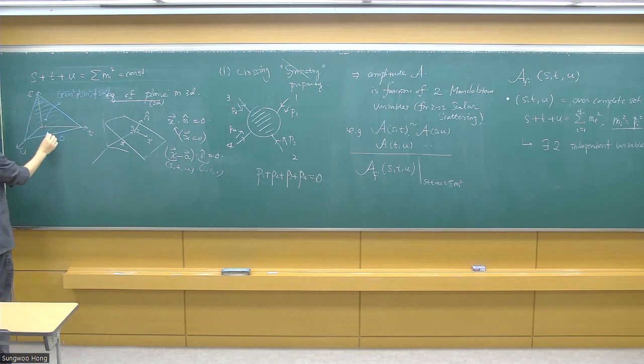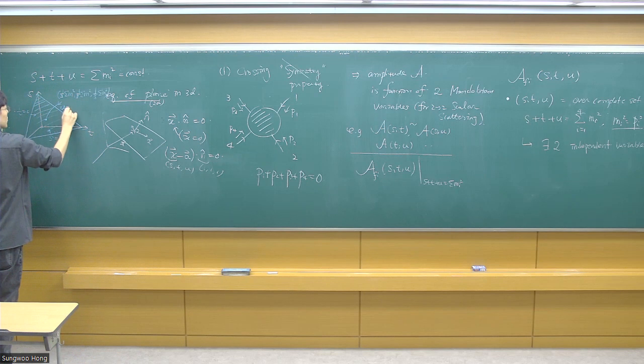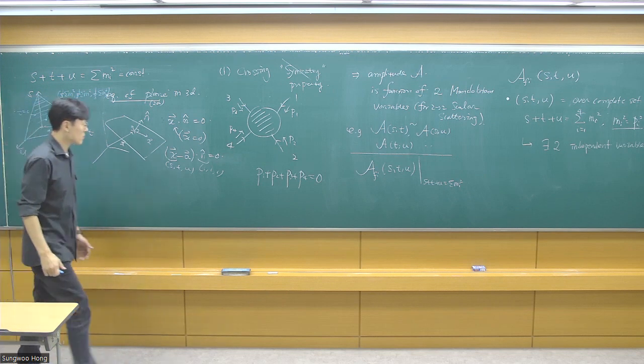You start having non-trivial s as you go up like that. Here is t equal to 0, and you start having non-trivial t as you go up. And here u is 0, but as you go up, you get non-trivial u. Clear? Good.